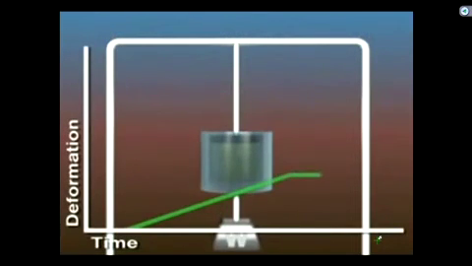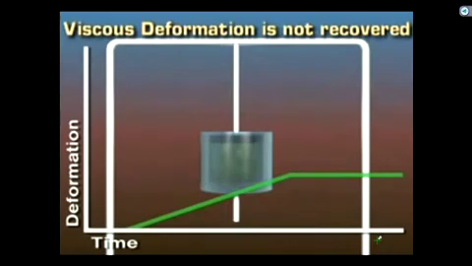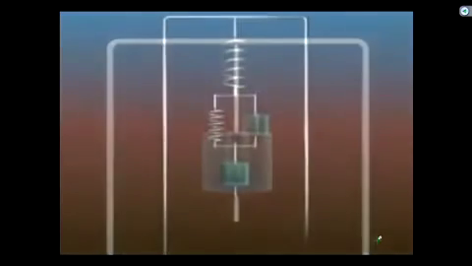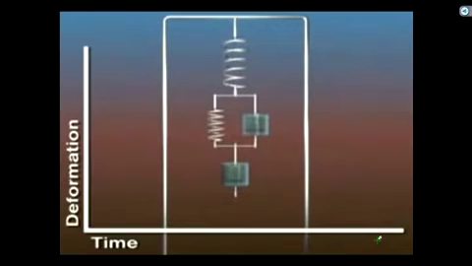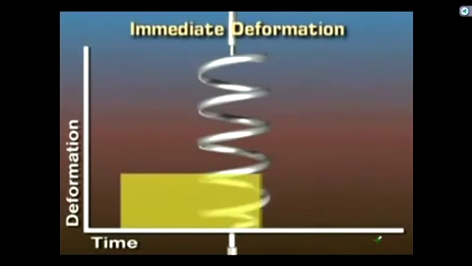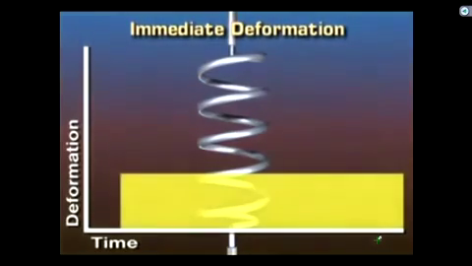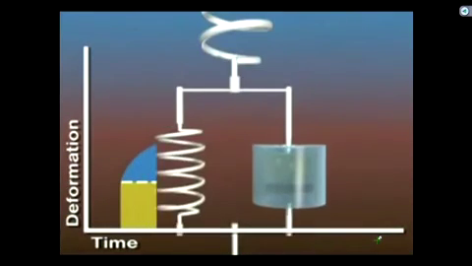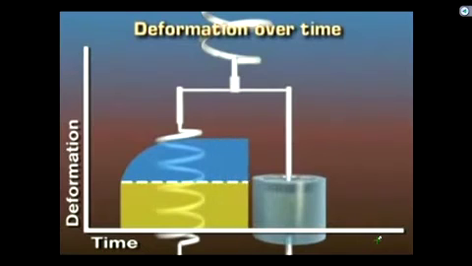When the weight is removed from the system, none of the viscous component is recovered. To fully understand the model, the three components must be superimposed. When the weight is applied, the system undergoes an immediate deformation due to the spring component. The second component, with the spring and dashpot in parallel, produces a deformation over time.